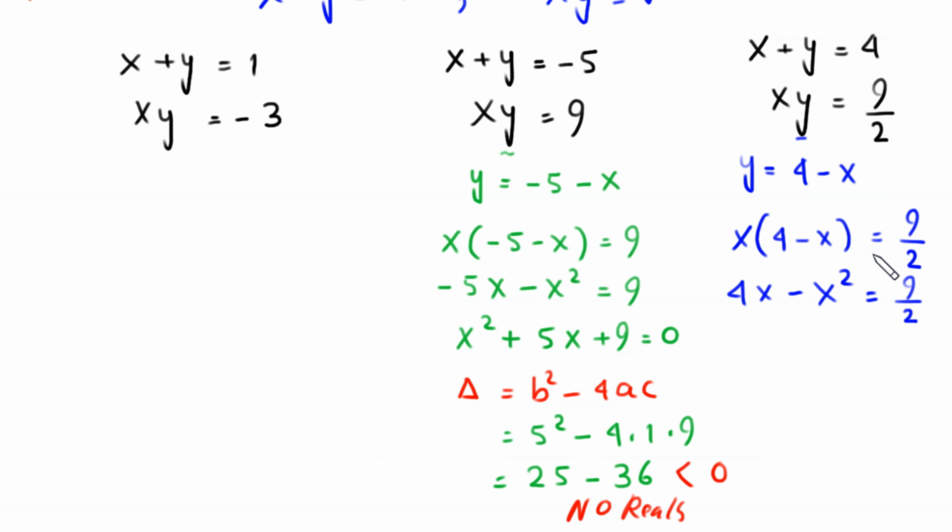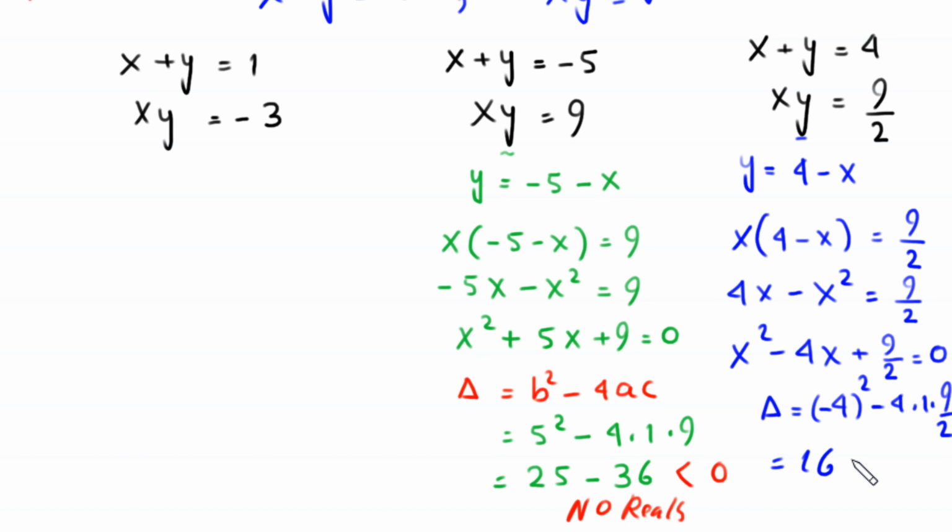Move these two terms to the right hand side, this will become x squared minus 4 times x plus 9 over 2 equal to 0. Discriminant will be equal to negative 4 squared minus 4 times 1 times 9 over 2. So this will become 16 minus 18, which is also less than 0. Means that no real solutions can be found from this case.